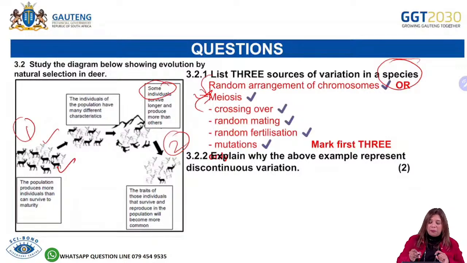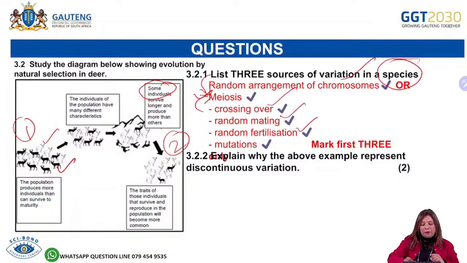Random arrangement is part of meiosis. So instead of getting 1 mark for meiosis, if you name random arrangement of chromosomes separately with crossing over, you will get 2 marks. Random mating, we discussed, random fertilization, and mutations.